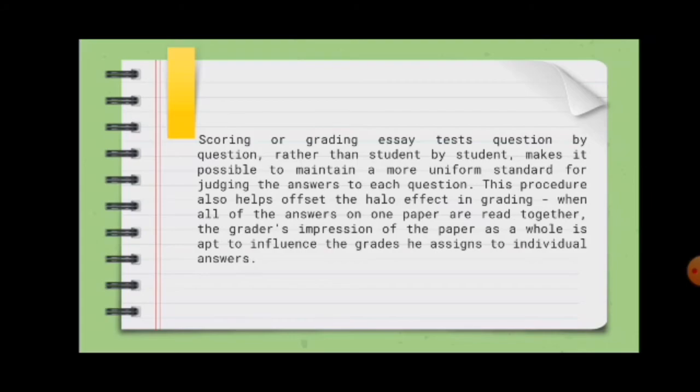This procedure offsets the halo effect in grading when all the answers on the paper are read together. The general impression of the paper as a whole is apt to influence the grade assigned to individual answers.